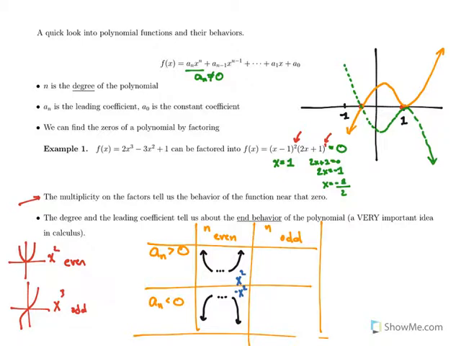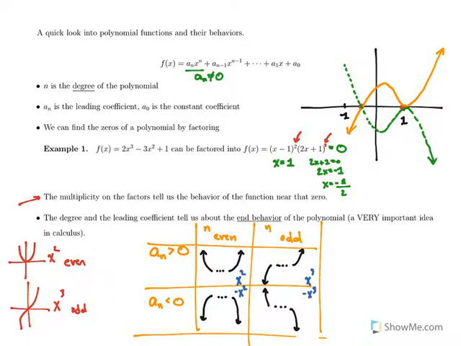If n is odd, they go in different directions. So if the leading coefficient is positive, on the right it goes up, on the left it goes down, and backwards for if the leading coefficient is negative. And we can use maybe x cubed and negative x cubed as examples here.